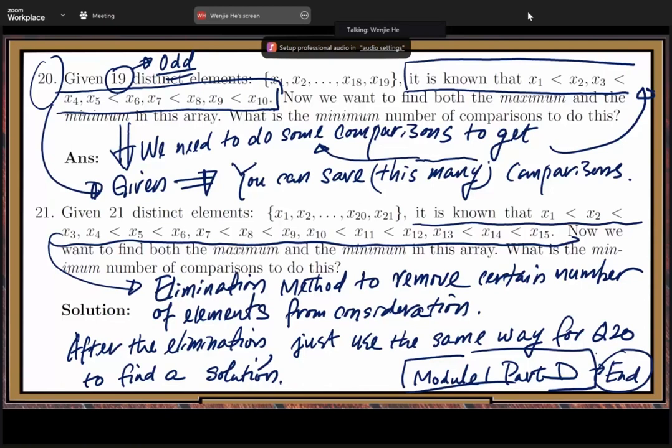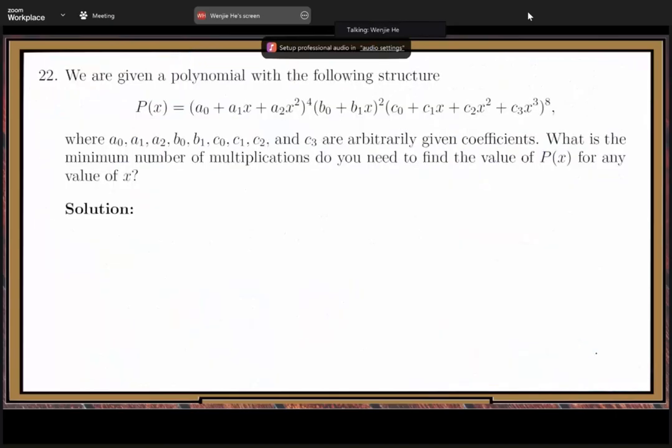That's the detailed solution there. In class I mentioned, the first thing you should be very careful about: do not do expansion. Do not do expansion, okay?